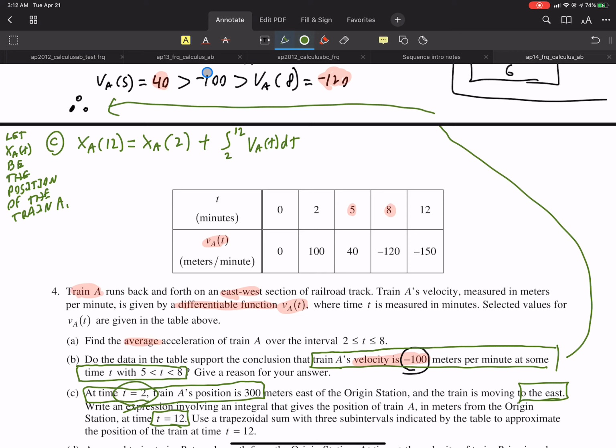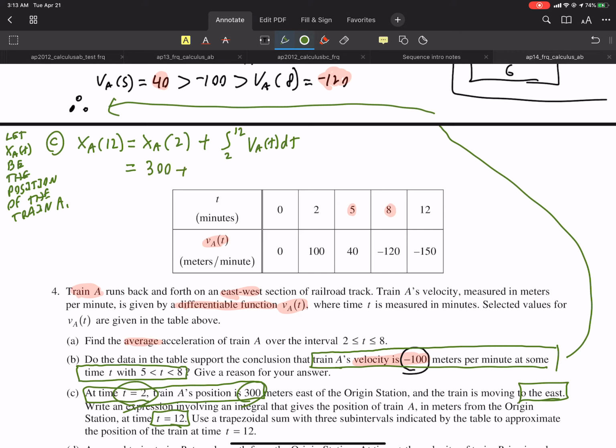Now we want the trapezoidal. So we're going to do a trapezoidal sum. And this is something you need to know anyways for you ABers, not necessarily in the context of a velocity problem, but in a general context of data table analysis. So let's do this. XA of 2 is given as 300 right there.